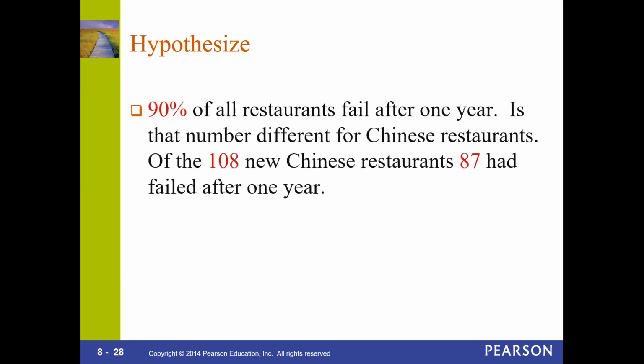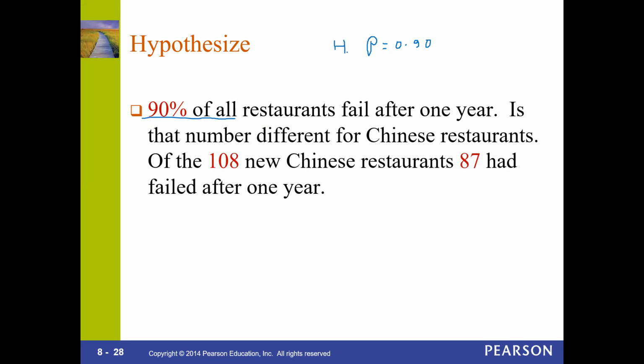So this one says 90% of restaurants fail after 1 year. Is that number different for Chinese restaurants? You want to know whether that number is different. Okay, so let's see. This one, 90% fail, so P is equal to 0.90 fail every year.